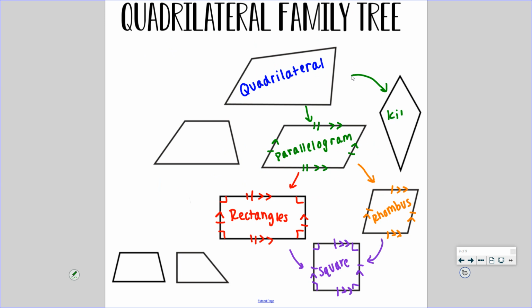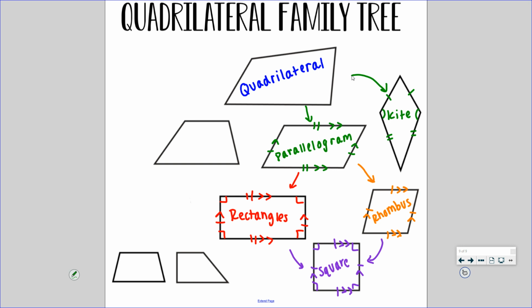What makes a kite is two pairs of consecutive congruent sides. If you want to label this, you could also label that these angles made by the two non-congruent sides would be congruent. Kites are not a type of parallelogram, right? It doesn't have parallel sides.